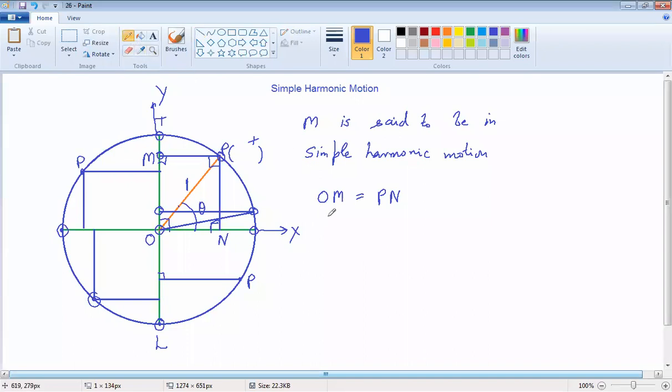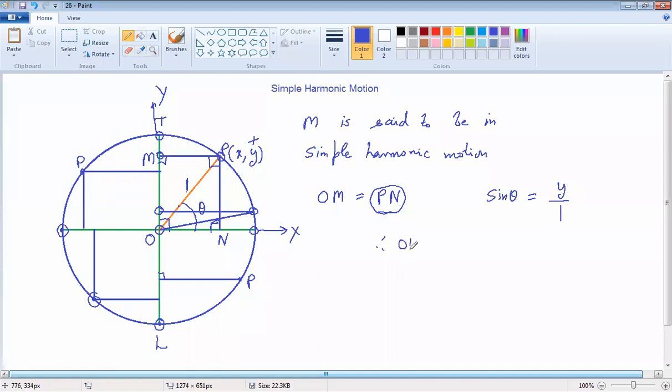So we can say that displacement OM can be replaced by displacement PN, which is the y coordinate of the point. So y coordinate upon 1, since the radius is 1, that is sine theta. Sine theta is y coordinate upon 1. And the y coordinate we have taken equal to the displacement OM.